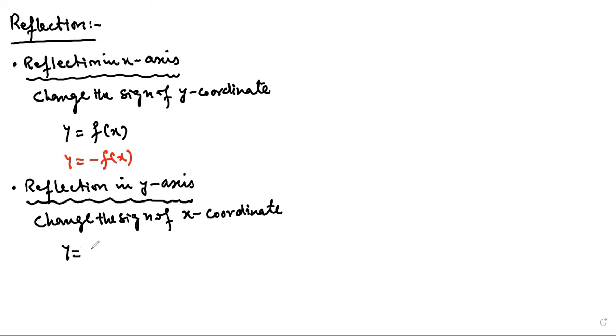If the curve is y is equal to f of x, then the equation of the new curve is y is equal to f of minus x. We will replace x by minus x.